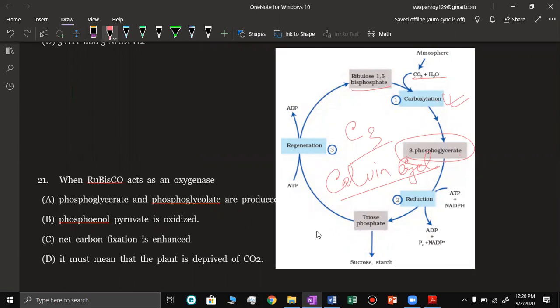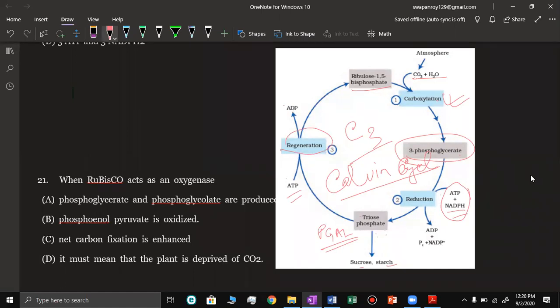This compound is actually PGAL, phosphoglyceraldehyde, and from here sucrose or starch is produced. Here ATP and NADPH are utilized, and then comes the regeneration process. During the regeneration also ATP is utilized.